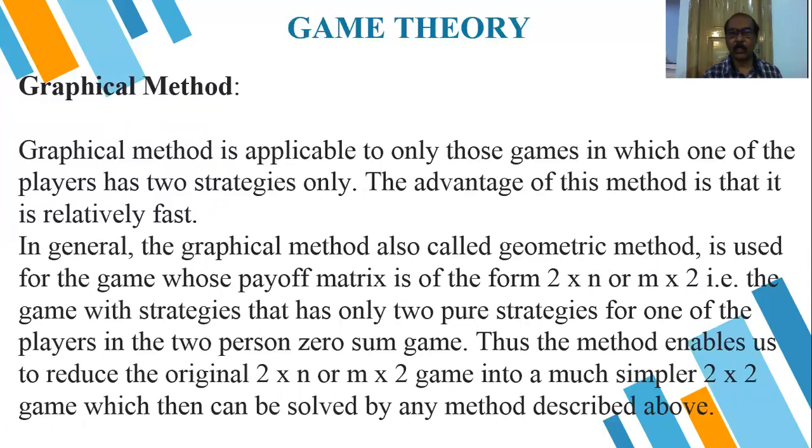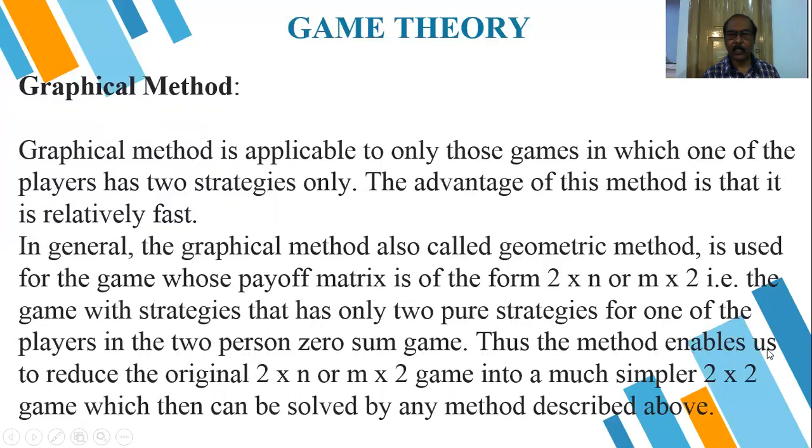It is only for games where one player has 2 strategies and the other player may have more, the same or more than that. That is, the game has only 2 pure strategies for one of the players in a 2-person zero-sum game.